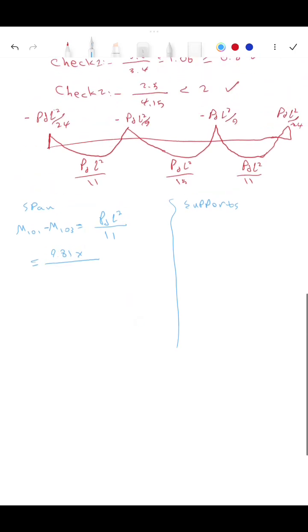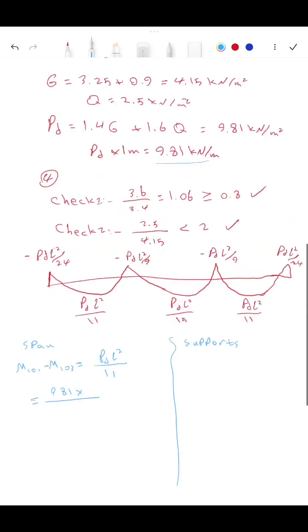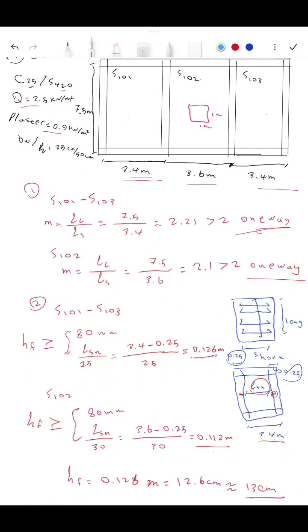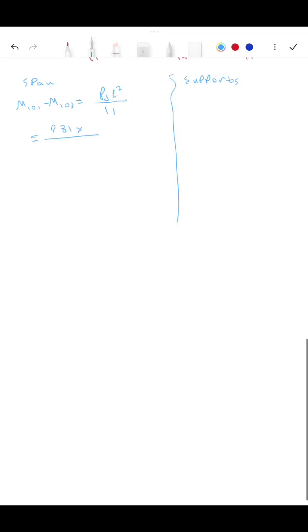What do we take here? The short length, because we are designing in the short direction, which is 3.4. So 9.81 times 3.4 square over 11 equals 10.31.